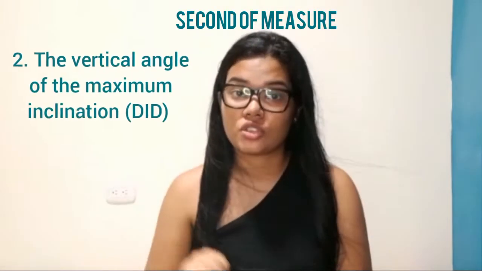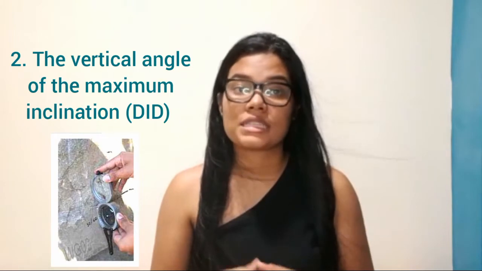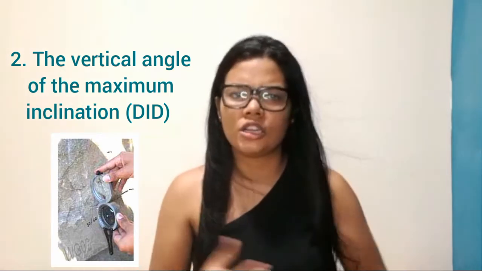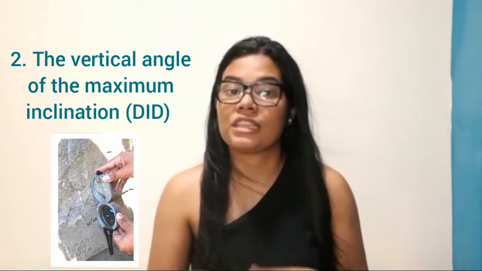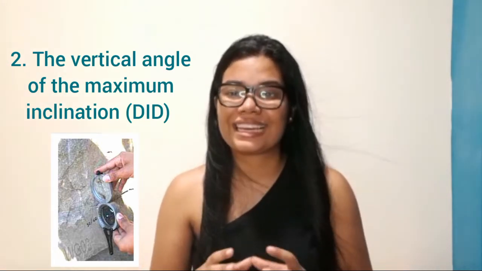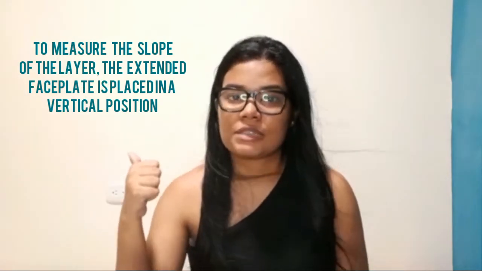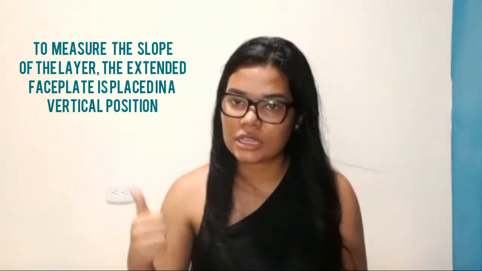Second, measure the vertical angle of the maximum inclination of the bedding plane, which we call the dip inclination. By geometric construction, the maximum inclination is 90 degrees with respect to the strike line. So to measure the slope of the layer, the clinometer is placed in the vertical position.